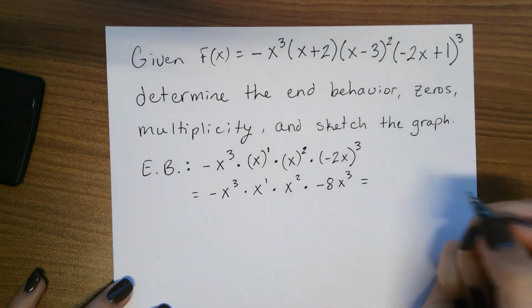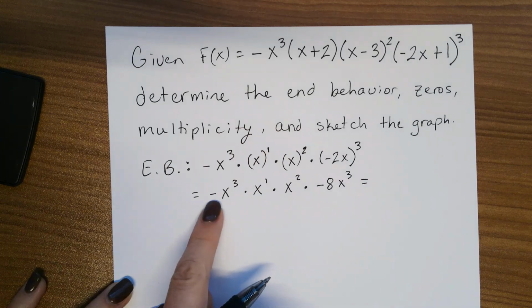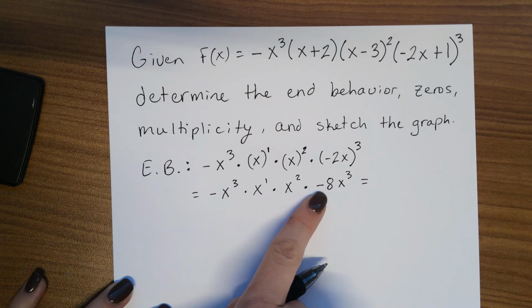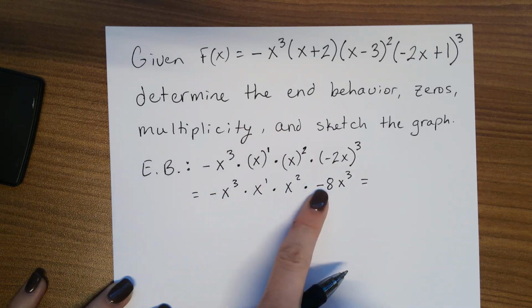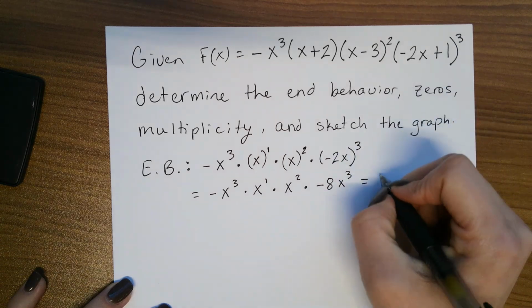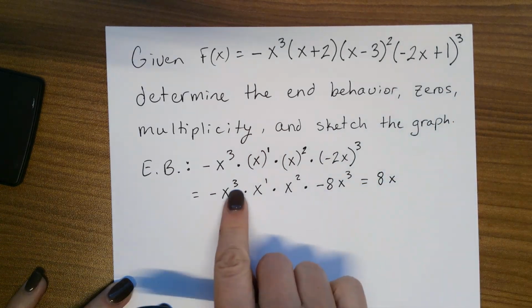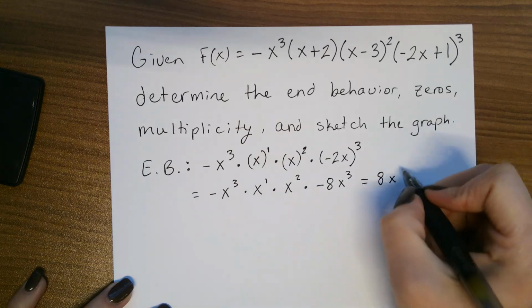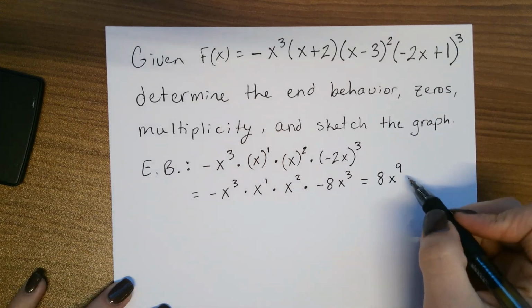So now, multiplying all of my coefficients, I technically have negative 1 times 1 times 1 times negative 8. A negative times a negative gives me a positive, and 1 times 8 gives me 8. And then I'll add all of the exponents. So 3 plus 1 gives me 4, plus 2 gives me 6, plus 3 gives me 9. So 8x to the ninth power.